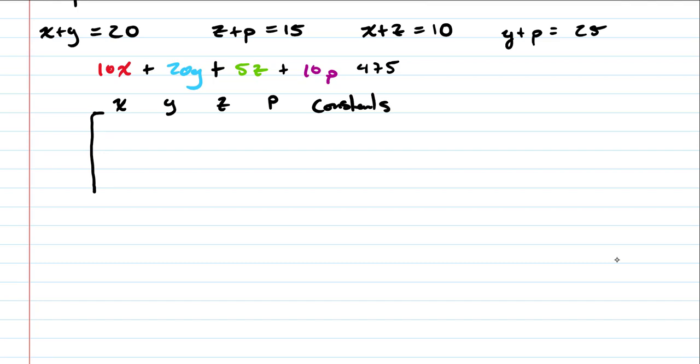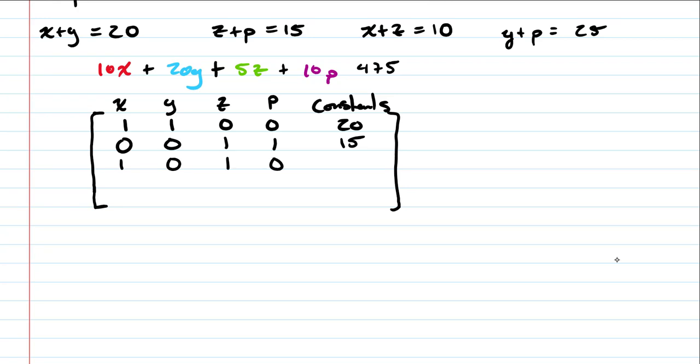So we're going to have 1, 1, 0, 0, 20. 0, 0, 1, 1, 15, 1, 0, 1, 0, 10, and 0, 1, 0, 1, 25.